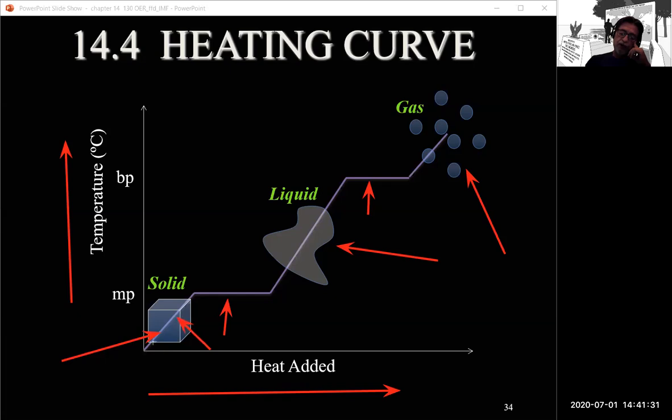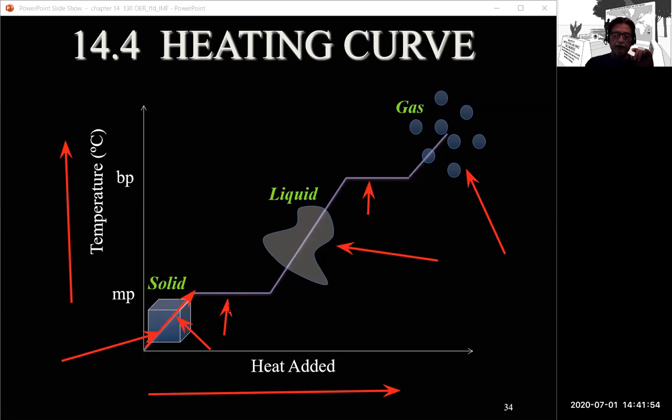But throughout that rise in temperature, it remains solid until we hit that first plateau. When we hit that first plateau, the solid now becomes a mixture of solid and liquid. And so that's that first plateau.